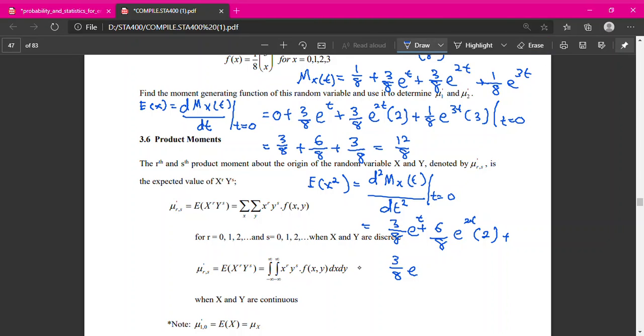So 3 over 8 e power of 3t multiply 3. Then replace all of this with 0. So you akan dapat 3 over 8 plus 12 over 8 plus 9 over 8. So lastly we'll get 24 over 8.